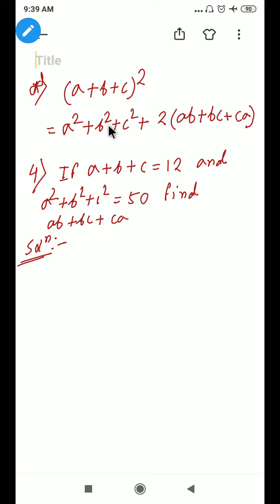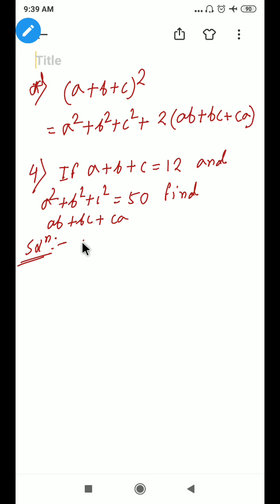Now you can use this formula here because a plus b plus c is given and a square plus b square plus c square is given. So you have to find ab plus bc plus ca. You can use this formula because this is the relation between a plus b plus c, a square plus b square plus c square, and ab plus bc plus ca.